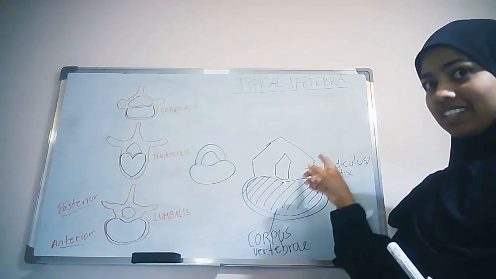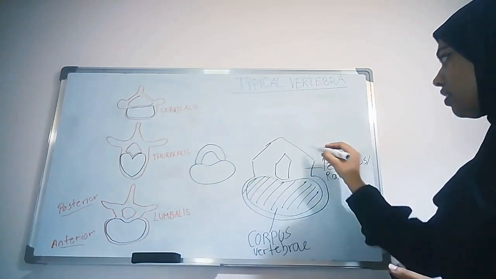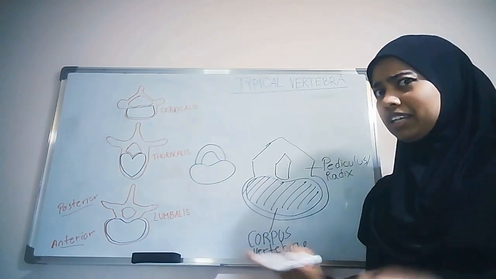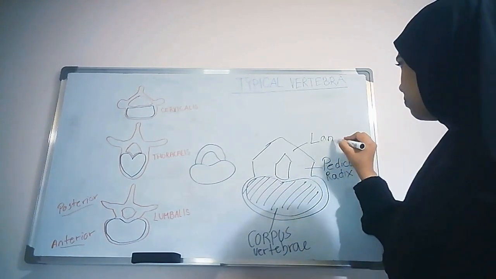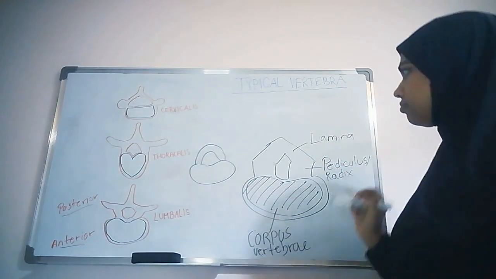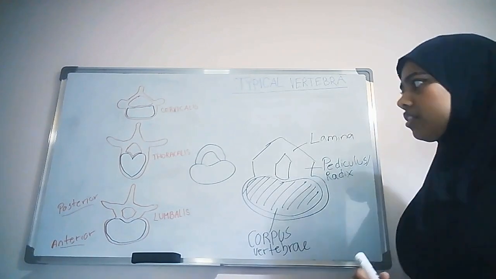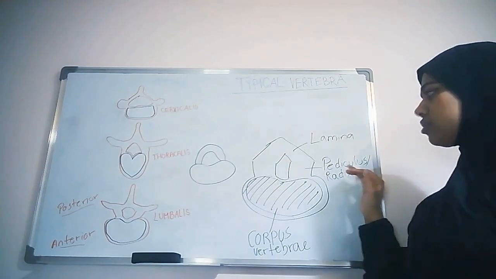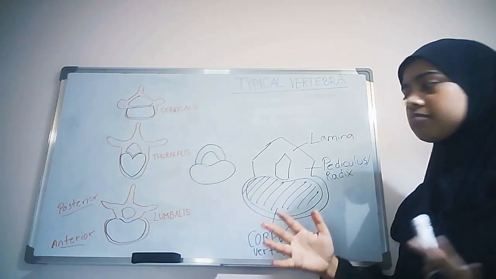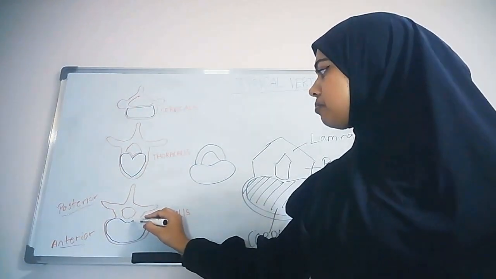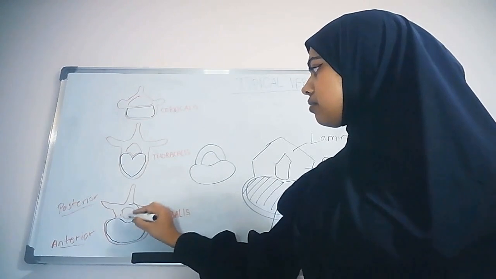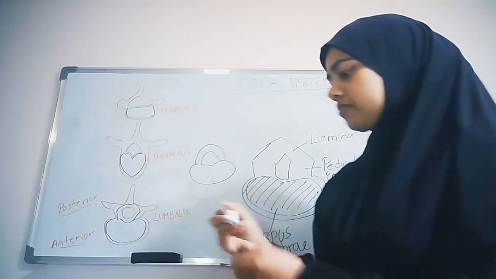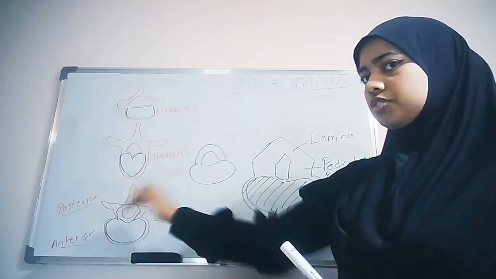These thin plates are called lamina, because lamina means thin plate. Okay? So we have the arch now that consists of a pediculus and lamina. You can also say radix. Pediculus, radix, doesn't matter. So this is basically the pediculus, lamina. And then we have the full arch.